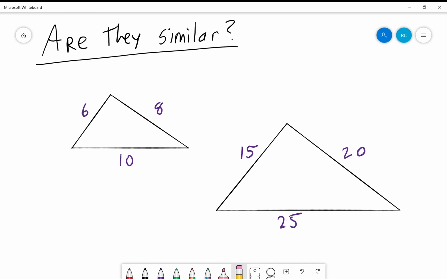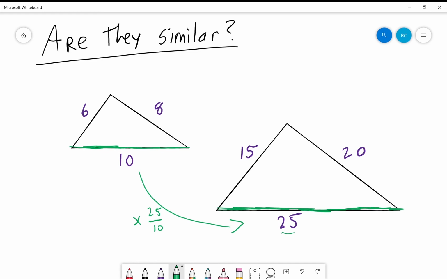So for example, we've got this longest side here at the bottom, which is 10 for the smaller triangle and 25 for the larger triangle. So I want to know, what number do I have to multiply by to get from the 10 to the 25? Well, if you don't know, you can do some division and find out.